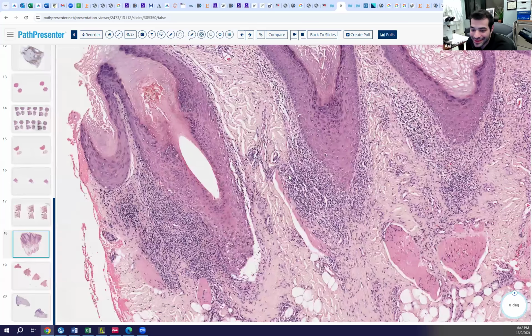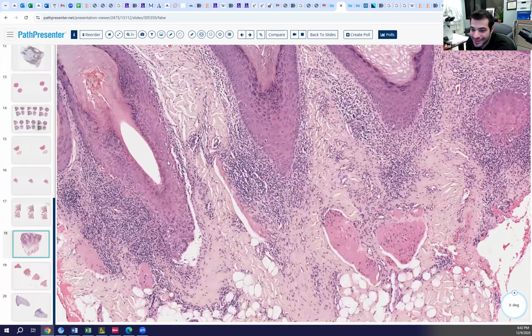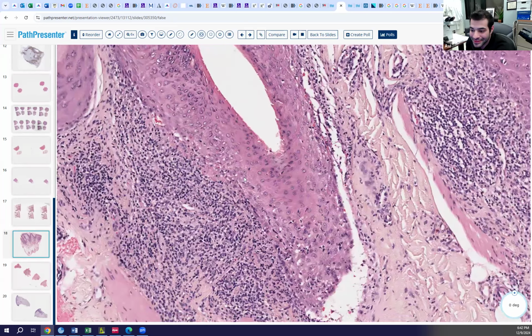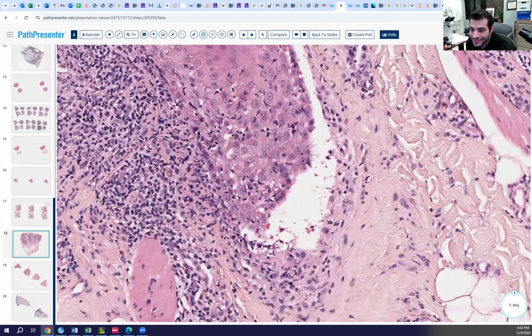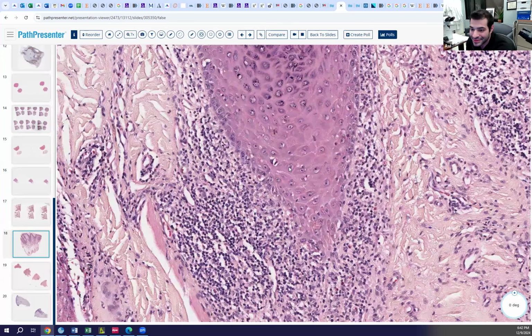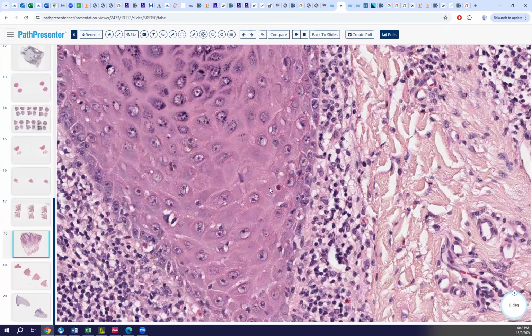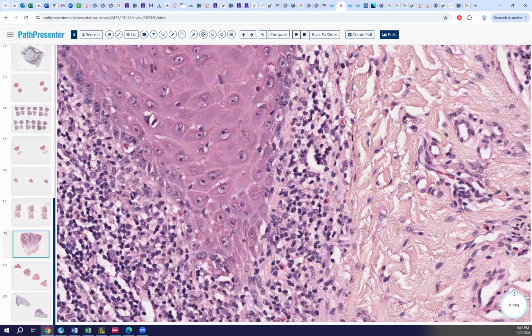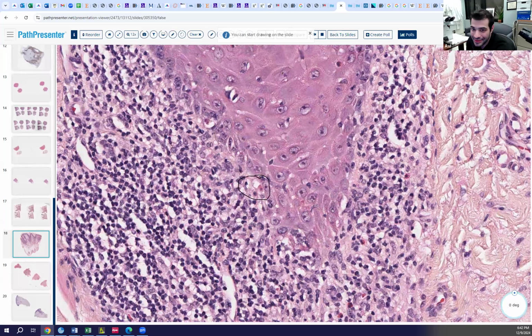What do we see here? Like a mixed infiltrate. It's histiocytic, some lymphocytes.